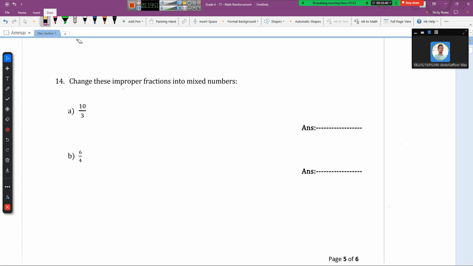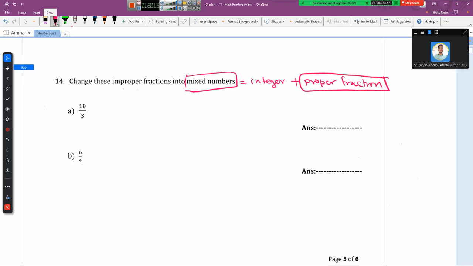What are mixed numbers? Mixed numbers means it should have an integer and a proper fraction, right? So now here you see mixed numbers contain an integer plus a proper fraction, right? So what is a proper fraction? In a proper fraction the top number is lesser than the bottom number, right?